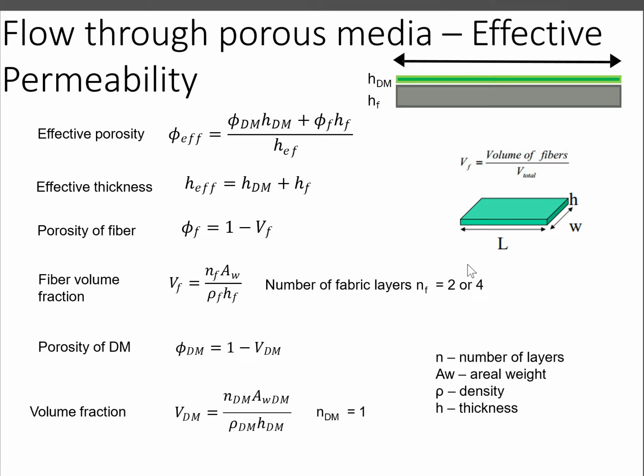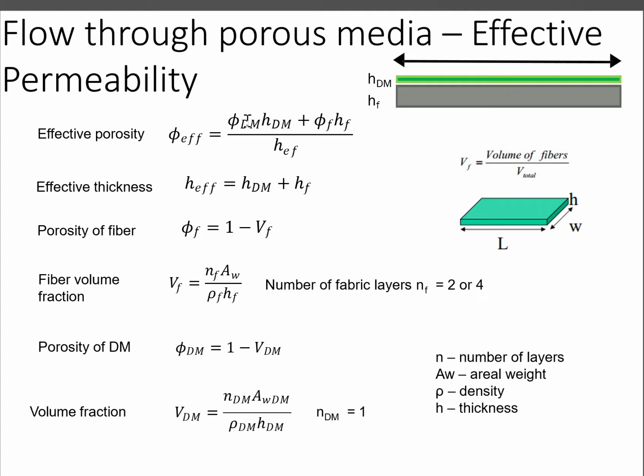Okay, so how do we calculate the effective porosity of this material? Since we have a distribution media and a fiber, and we are not interested in the effective permeability of the distribution media, we have to make sure that we understand that this plays a role, but it is not our interest. So this is present in the calculations, but this is not what we eventually want to calculate. Effective porosity of this combination is essentially just a weighted average.